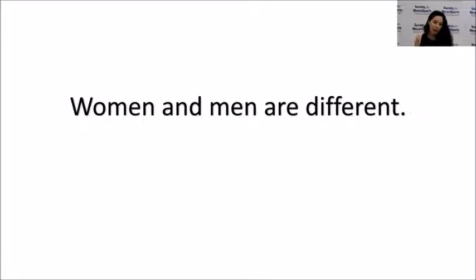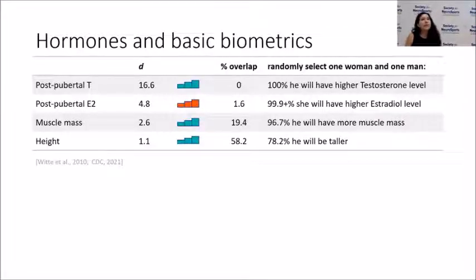Okay, so that's what it takes for reproduction. But what does that get us down the road in terms of differences, right? We know those bodies have to be different in order to create those differences. So we can look at some basic biometric features between men and women. And look at the size difference here.